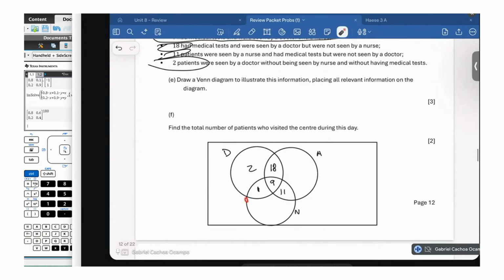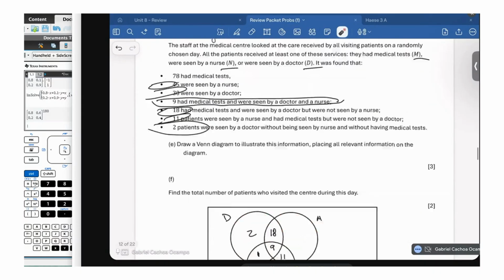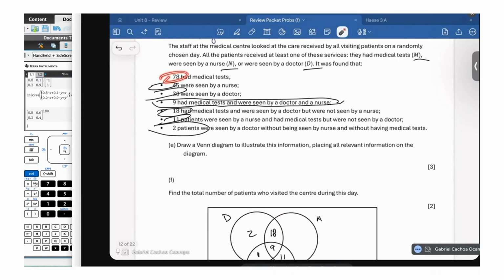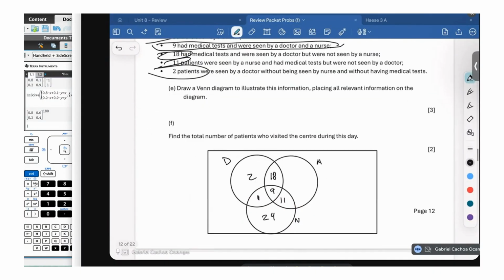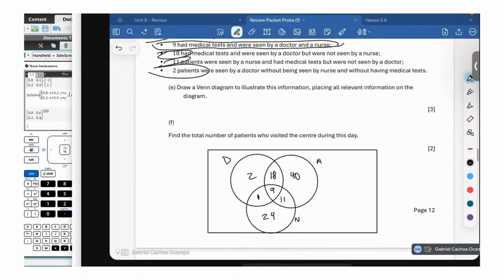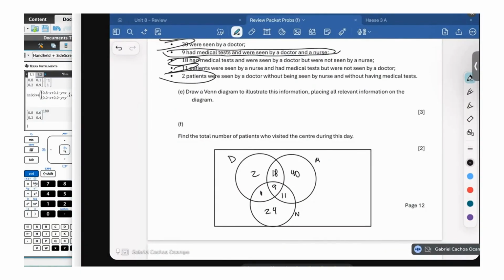So adding all of this, that is 21 plus 24, 45. Now I have 45 in here. And 78 took a medical test. So this is 38, so this is 40. And that would be 3 marks.